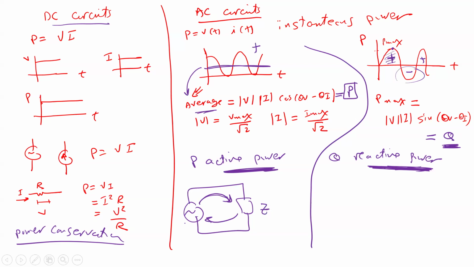You got what I'm saying? How can the load send power back to the source? Simply because the load in this case should have an inductor or a capacitor, because these two elements store power. They store power and then release it. That's how it is, as I also told you last time.